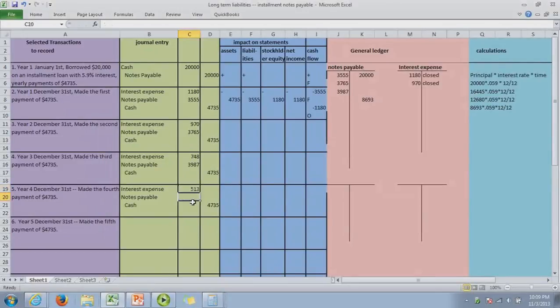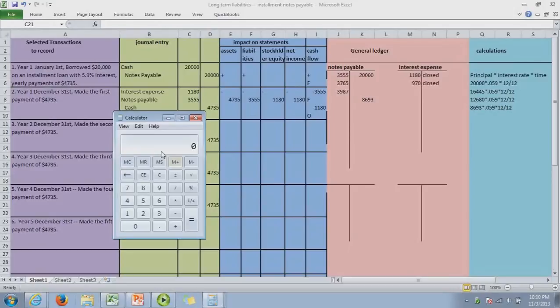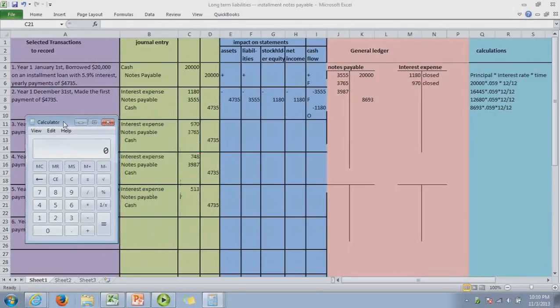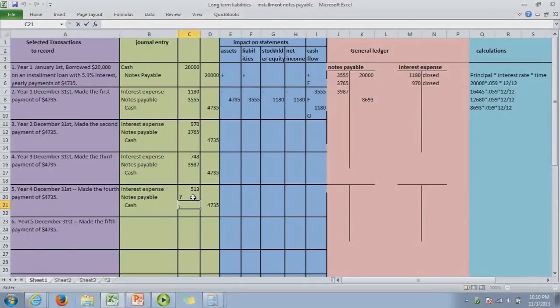And then once again, we're going to solve for the missing number. Much lower interest expense, finally. And it mathematically is designed to work out, of course, that it's fully paid at the end. So the cash payment less the interest, 4,222. Okay, so that's going to reduce the note further.